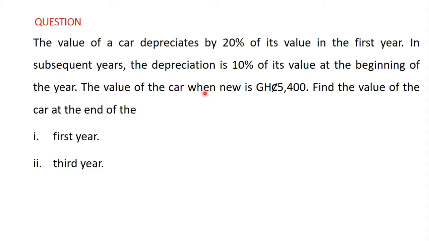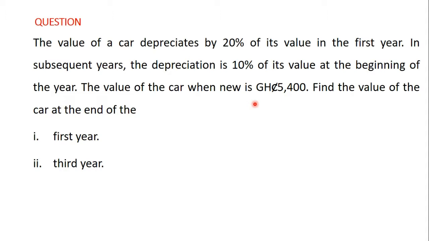So we are being told that the value of the car when new is 5,400 Ghana cedis. And it depreciates by 20% of its value in the first year, and in the subsequent years the depreciation is 10%.